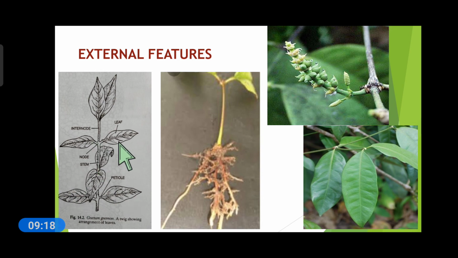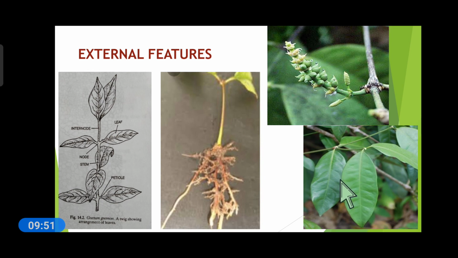And the leaf lamina, as you can see clearly here, is simple. It is also large and lanceolate, that is tapering at the tip. As you can see, they are tapering at the tip, so they are lanceolate, or also oval in shape, ovate.